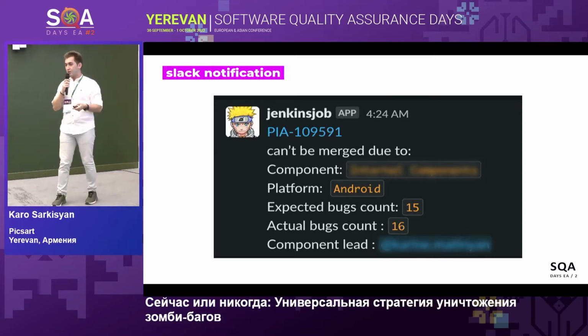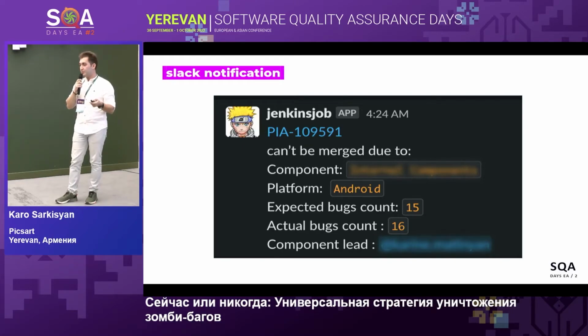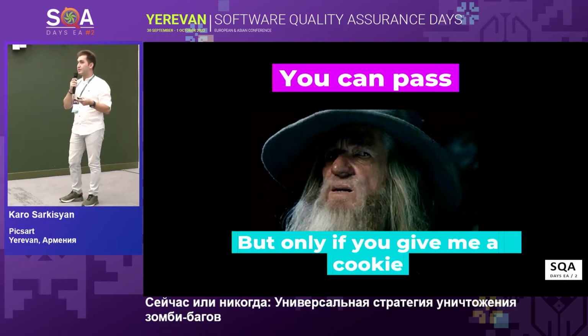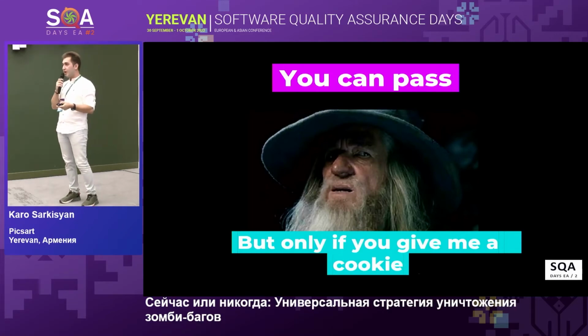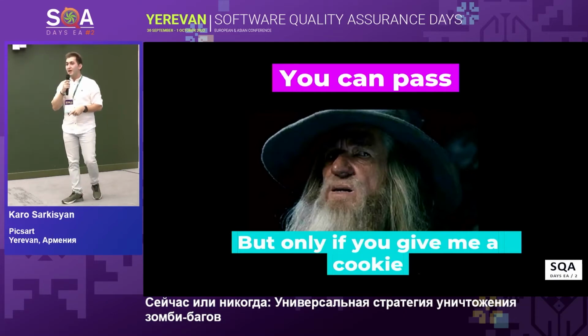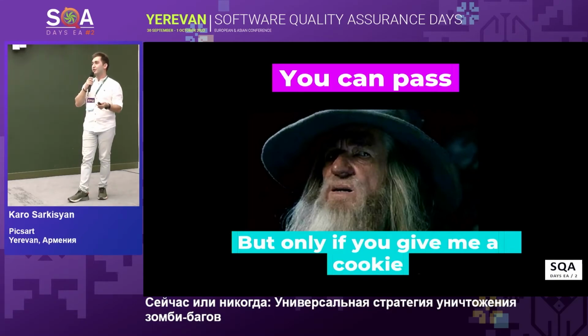Of course, for teams there can be cases when a feature is much more important for that release, and the component bugs limitation should not block them. For example, in a lot of cases the request can come from the product team that this feature is very important.